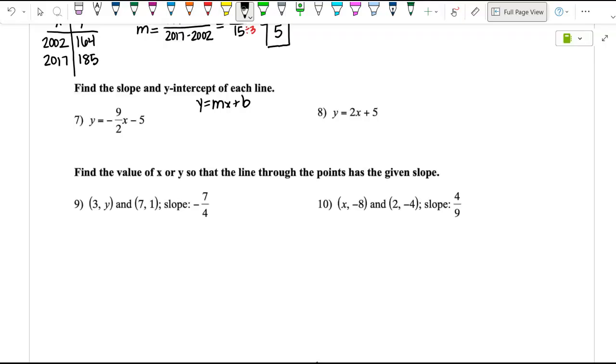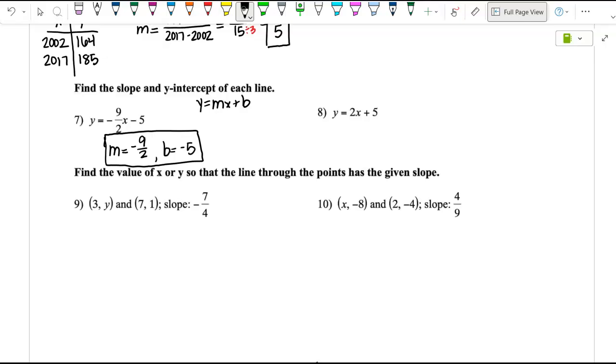They've already got it in slope-intercept form. So what is my slope here on number 7? Negative 9 over 2. And what is my y-intercept? Negative 5. That's just showing you understand the equation and the information that you're getting from that.